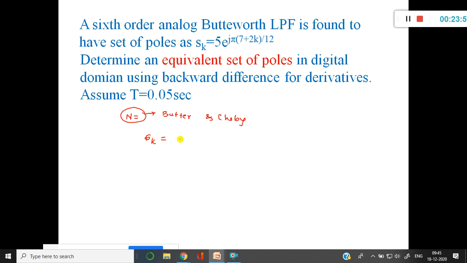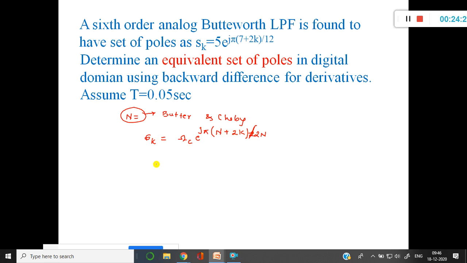To find the poles, it was only one equation, that is omega c e to the power of j pi times (n plus 1 plus 2k) divided by 2n.